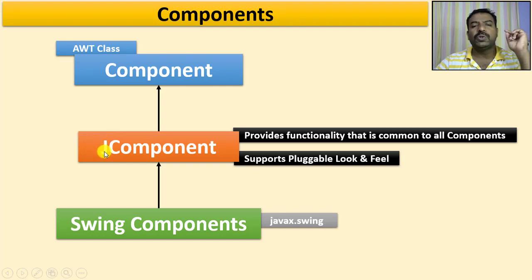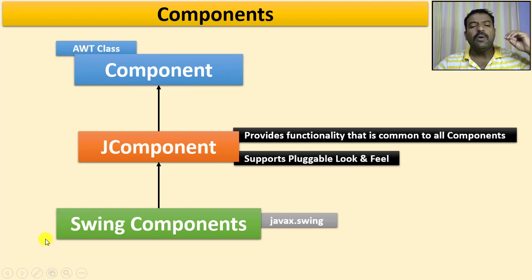Whenever you see a class name with J, it is part of the Swing package. Hence this class, the Swing component class, whatever I am going to use, is directly derived from the Component class of the AWT package.